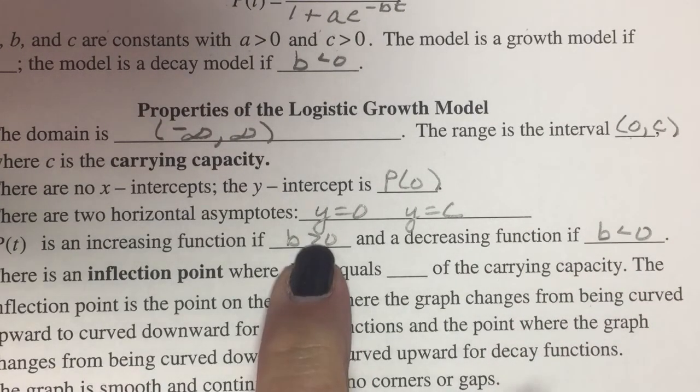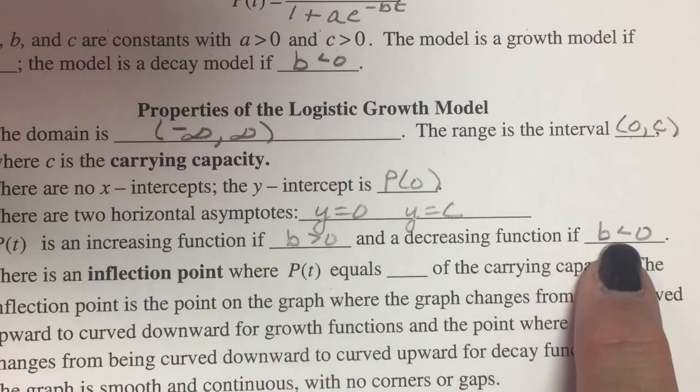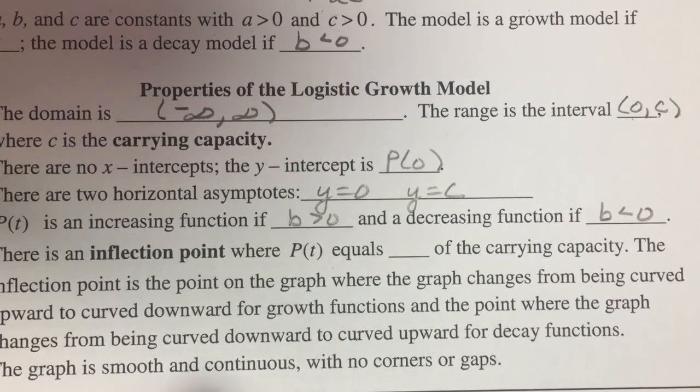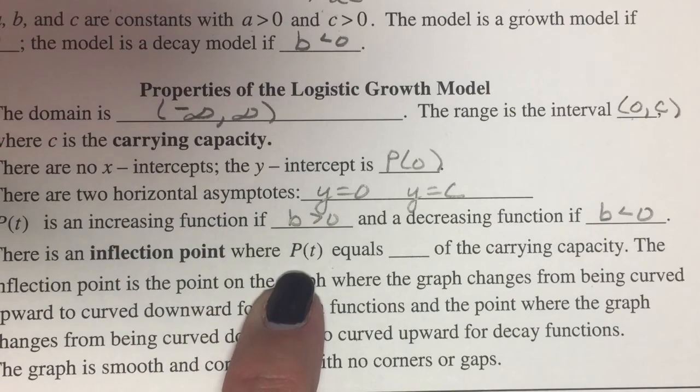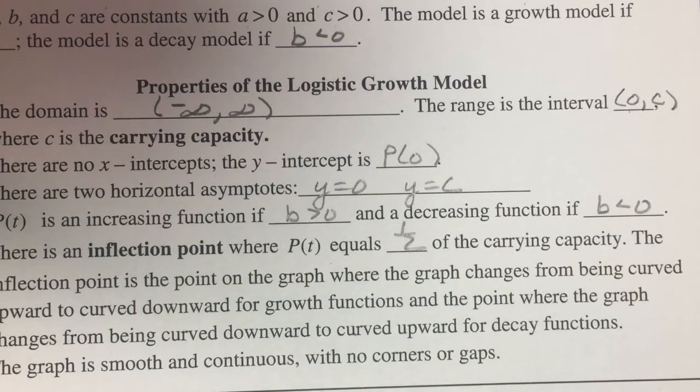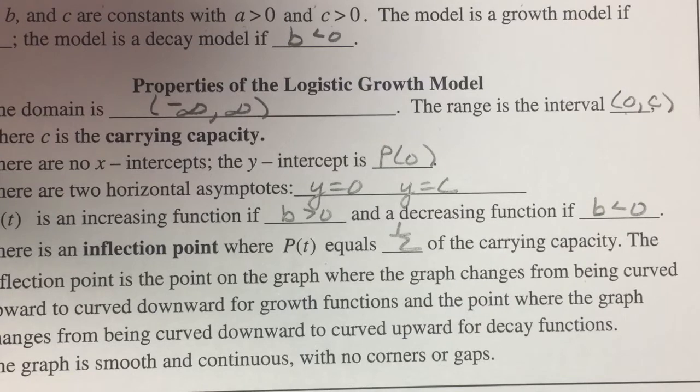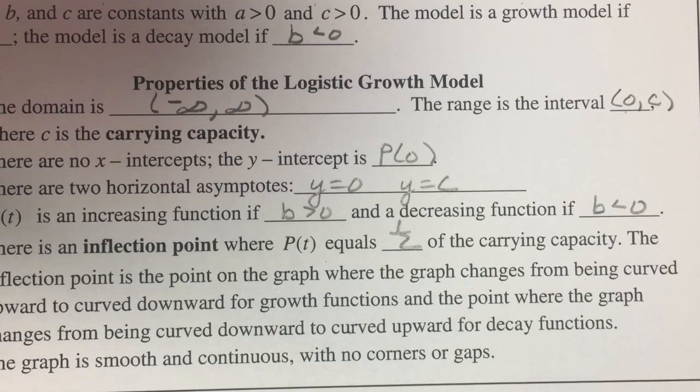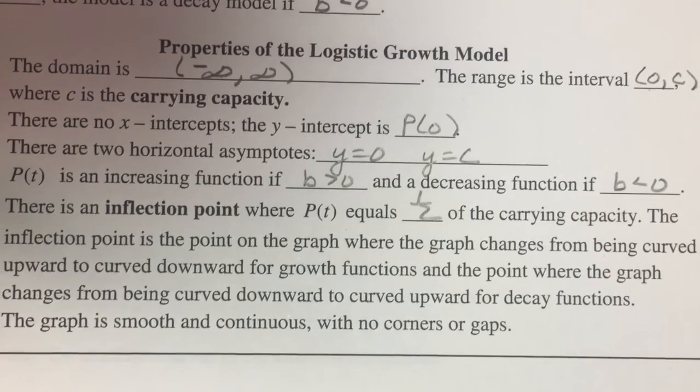So it's a growth model or a decay model. There's a point of inflection where p of t equals half of the carrying capacity. The inflection point is the point on the graph where the graph changes from being curved upward to curved downward for a growth function, or vice versa for a decay function. And again, the graph is smooth and continuous with no corners or gaps.